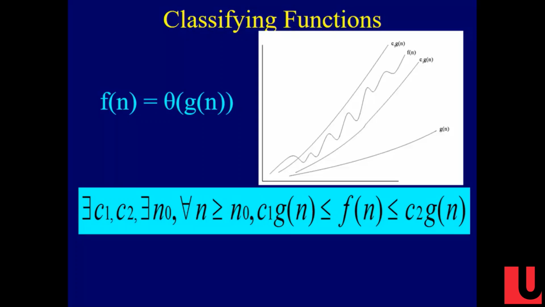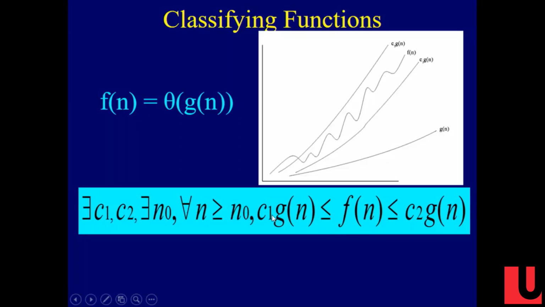Right? So what do we want to say? We want to say F is more or less G within a multiplicative constant. So what we want to say is F is sandwiched between G times some big constant. So here C2 is like a billion.